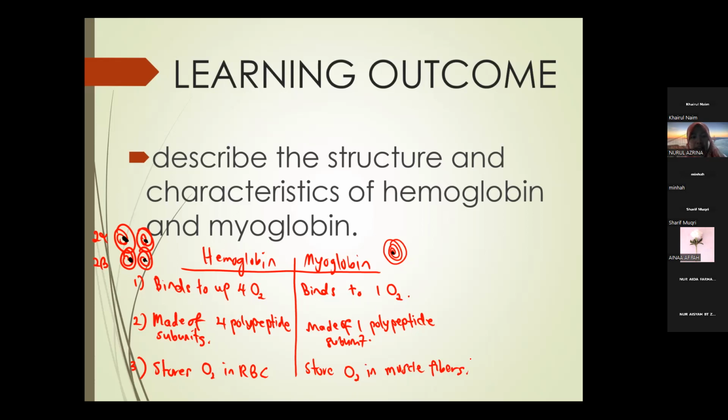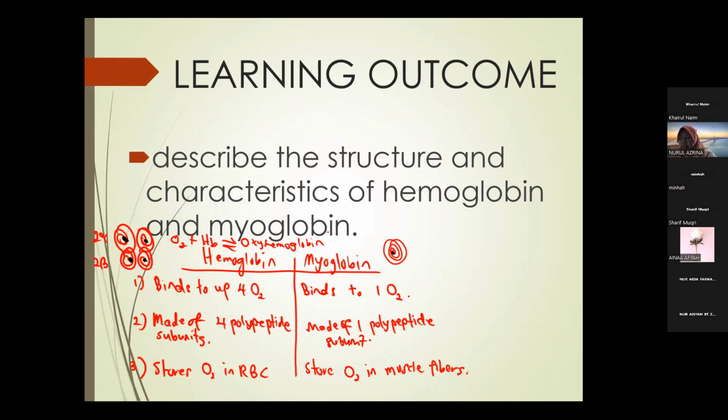Okay, right. So what form of oxygen is stored in hemoglobin? Remember, oxygen binds to hemoglobin and forms oxyhemoglobin. What about myoglobin? In what form does oxygen bind to myoglobin?